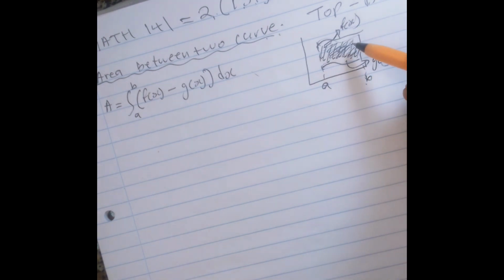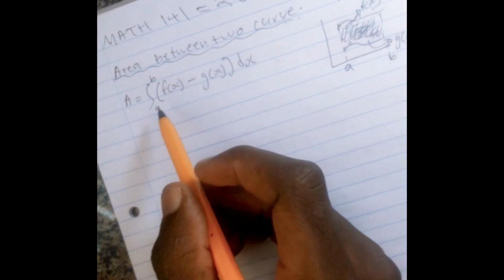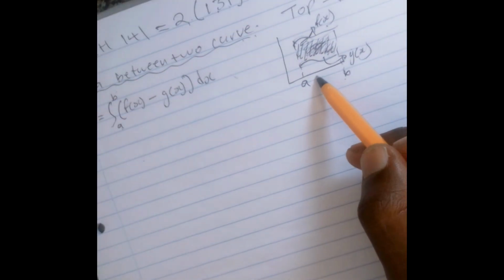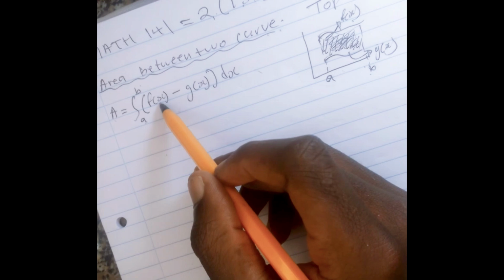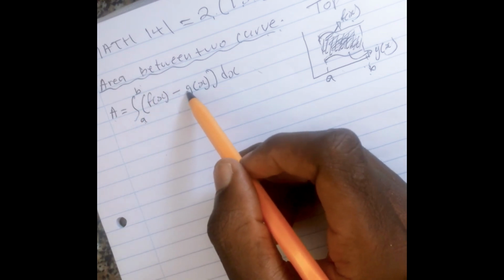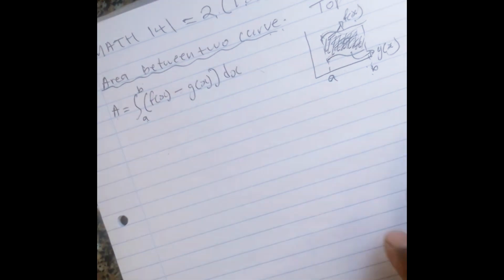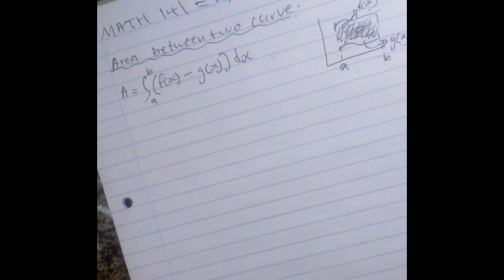So the area is going to be equal to the integral from A to B of the top curve minus the bottom curve, dx. And then the rest you will have to do with the definite integral, which is the thing that you have learned a lot from Math 131.